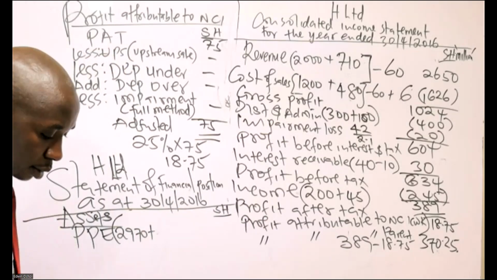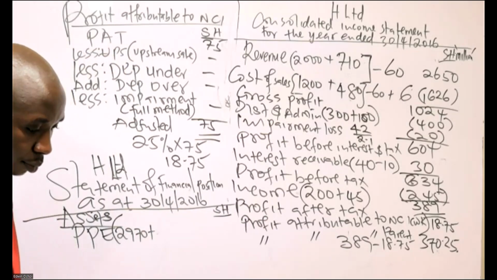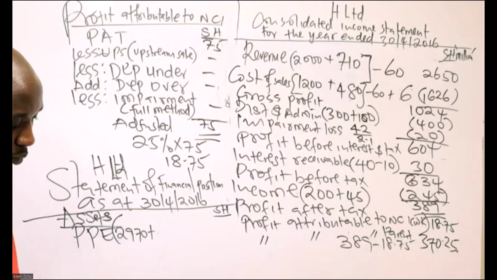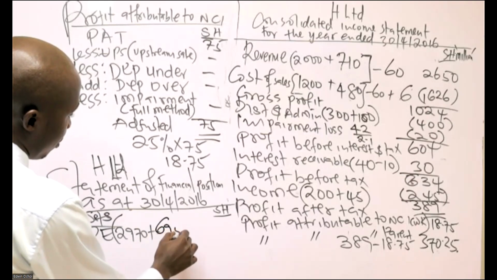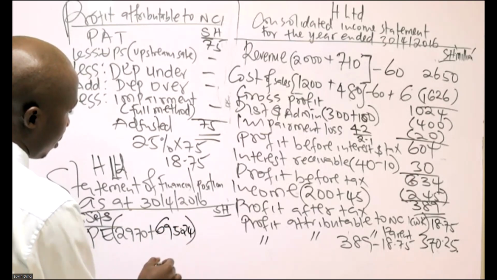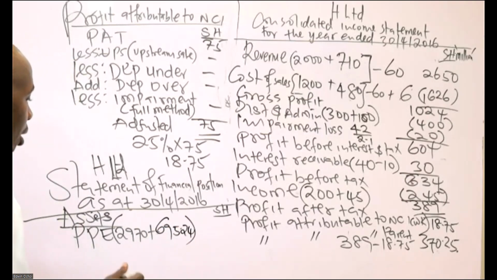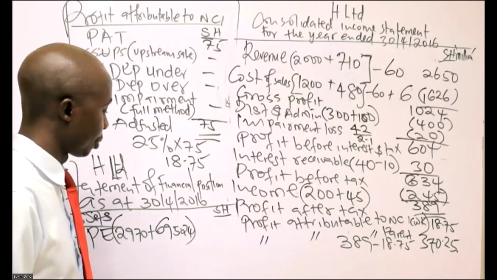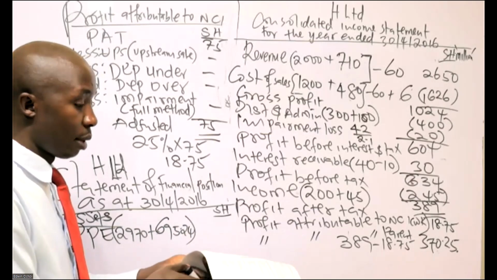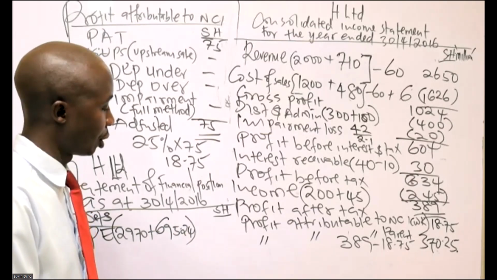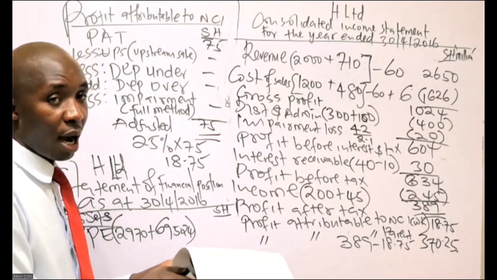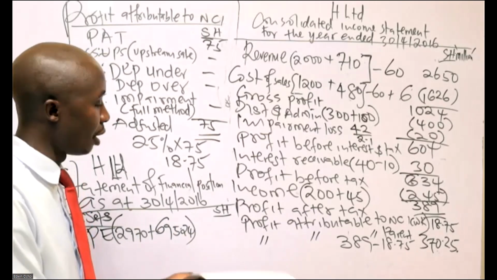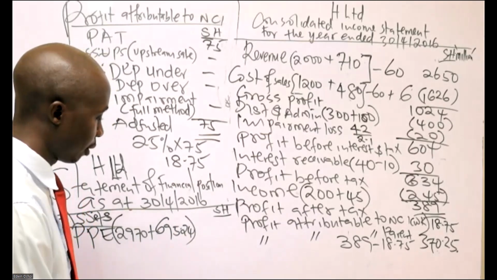So the translated was 695.24. You know the items to adjust here. You add revaluation gain, you minus depreciation undercharge. You minus UPFA, you add depreciation overcharge. But we don't have.